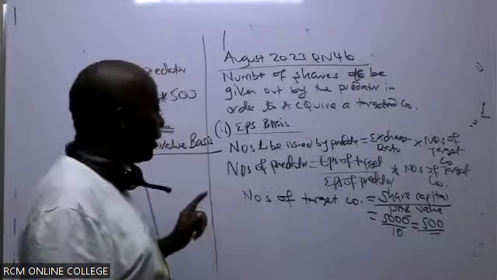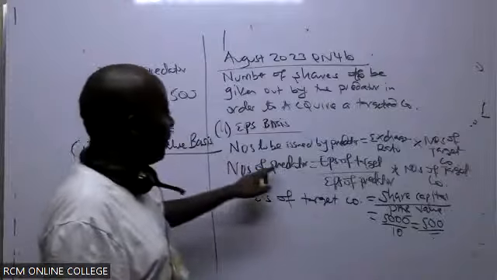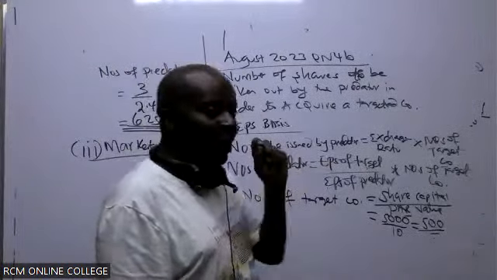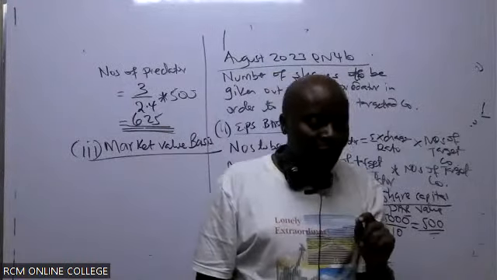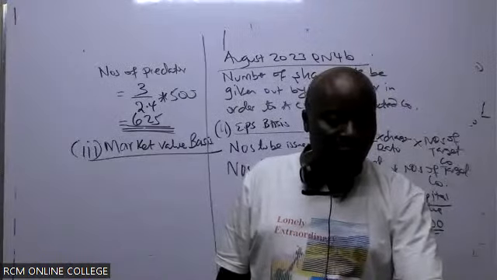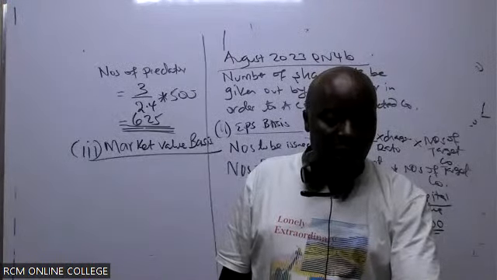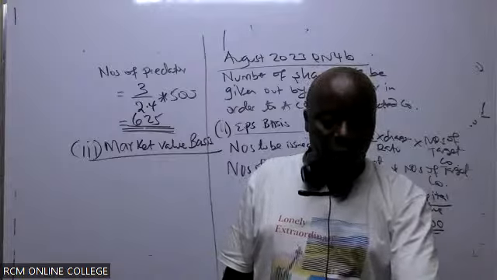So in this case, this is the EPS of the target company, and Bero is the target company. If you look at the additional information, there is the second table there. You'll be able to see the current earnings per share. Bero is 3, and the predator is 2.4.